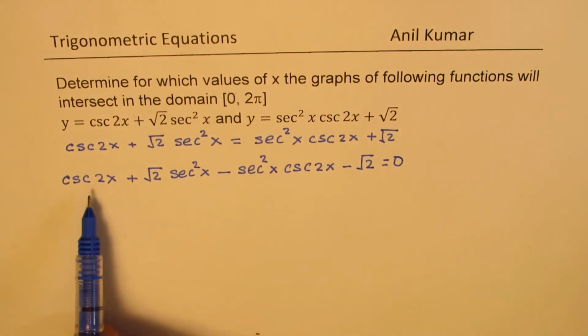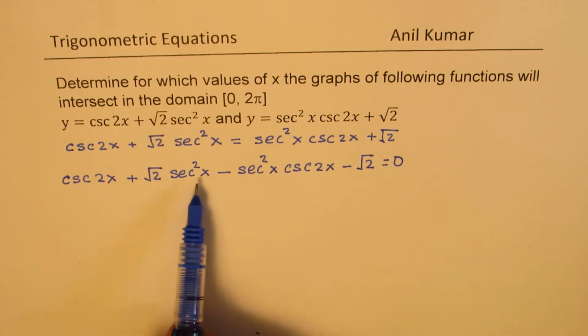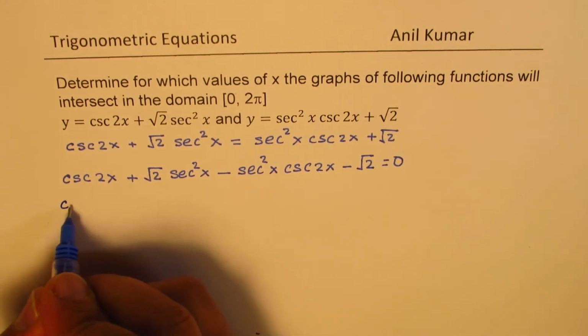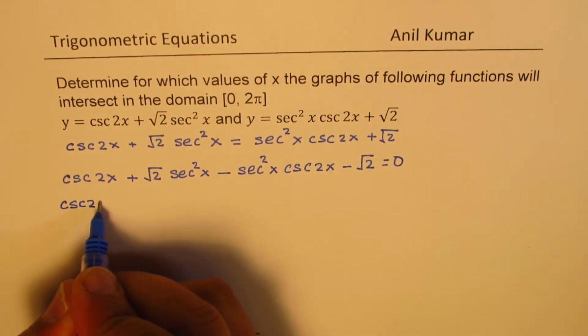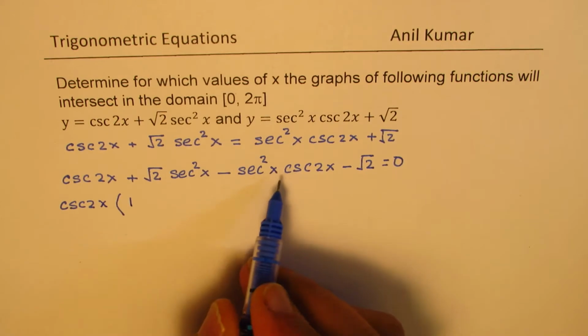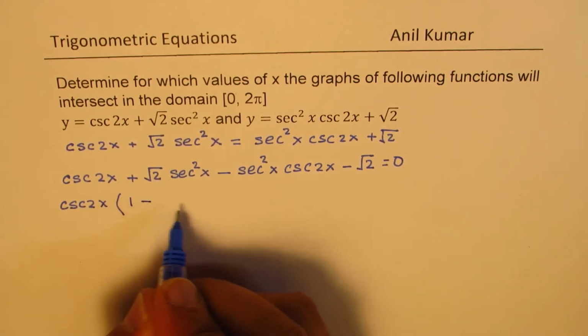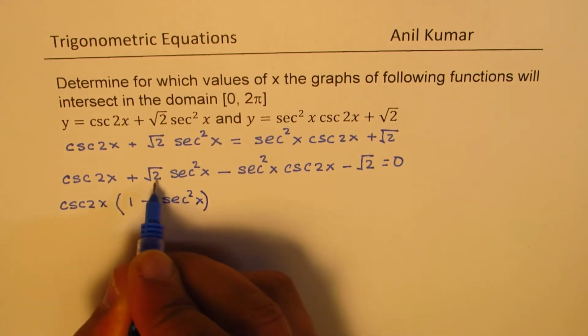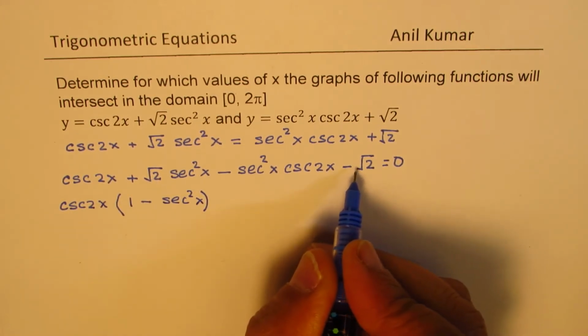Now we can combine the first and the third term, and the second and fourth term, taking cosecant 2x common in the first and the third term. We get 1 minus secant square x. Here we have square root 2 common.